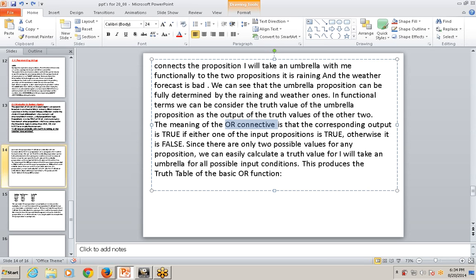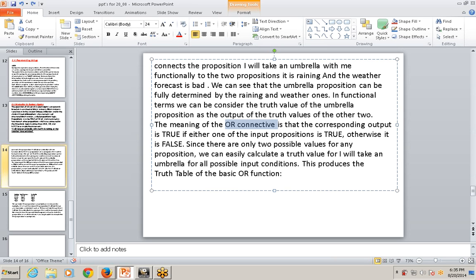In the AND connector, only if both the propositions are true will the output be true. But in the OR connector, if any one of the inputs is true, then the output is true, otherwise the output is false. There is a difference between AND and OR. I am repeating again: in AND operations, if both the inputs are correct, then the output is correct.